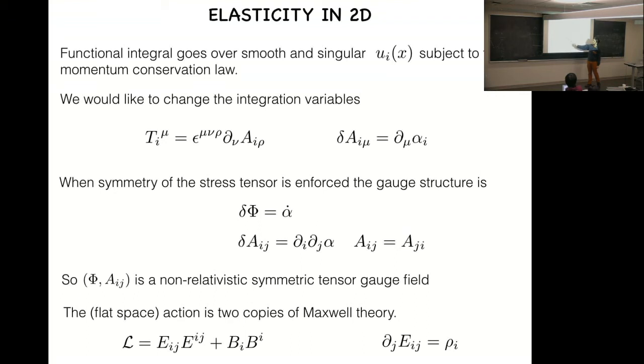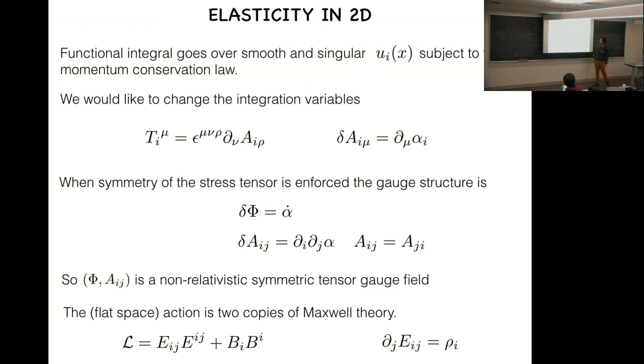I'm emphasizing this point because it's not the T^μν that you're used to, it's T^iμ. It doesn't have an energy part in it, it's just momentum and stress. We take the stress momentum tensor and write it as an exterior derivative of a vector valued one form. So this A^i_ρ is a one form, but each component is a vector.